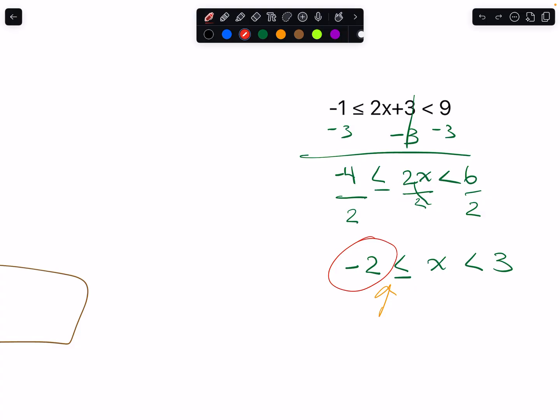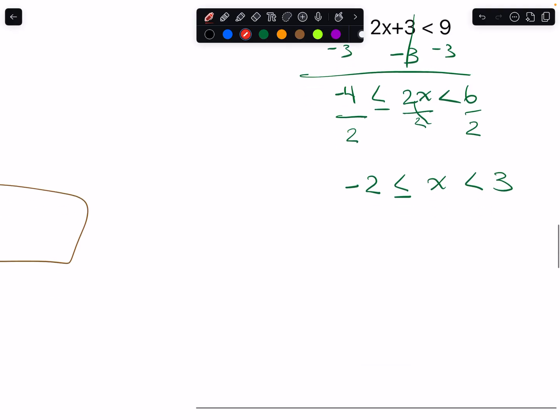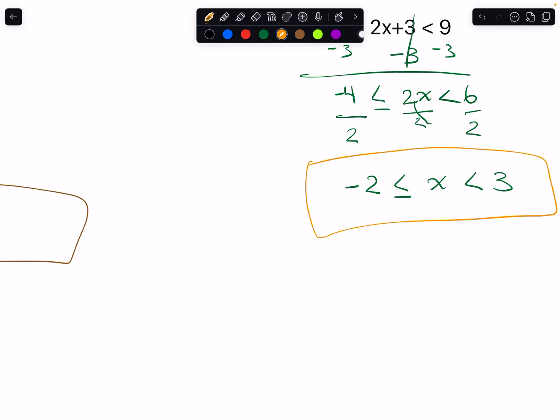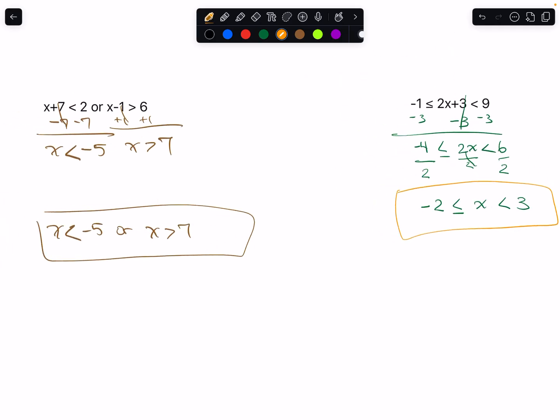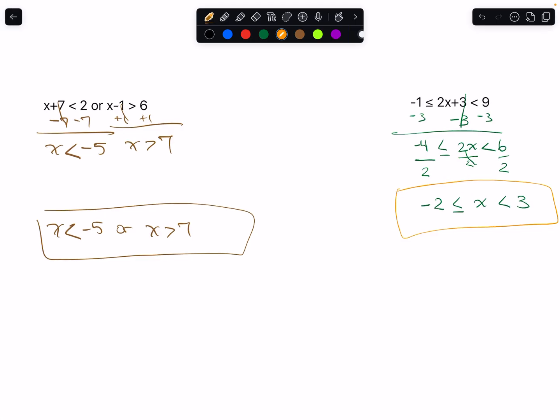So the sign stays the same. It does not get flipped. There you have it. This statement simply states that x is in between -2 and 3. You can include -2 and it will still be correct, but you cannot include 3.